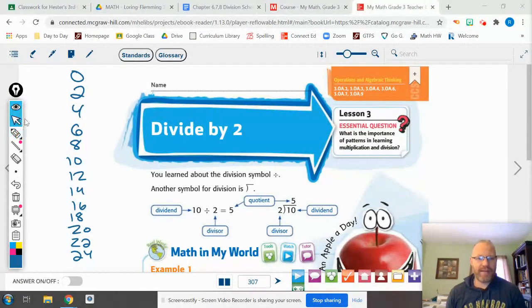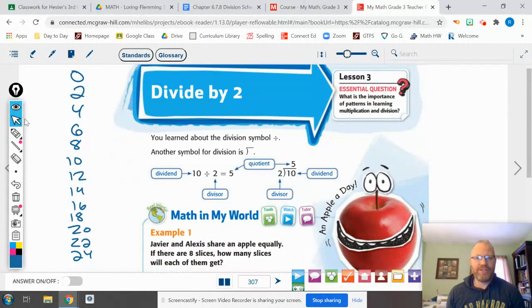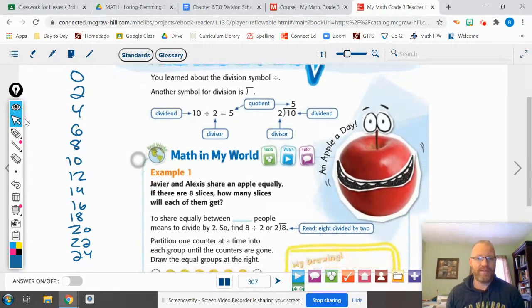So the idea today is we're going to be dividing by 2. Now, when you're dividing, you have to know your multiples. So that means that you have to be a master of the multiplication for that number in order to be fluent in reading the division problem. So let's go in and practice some of this skill.